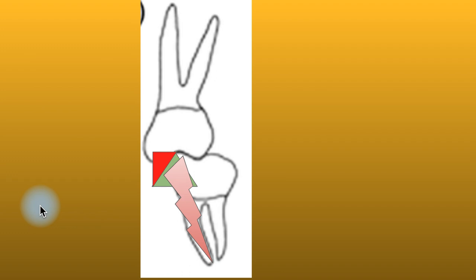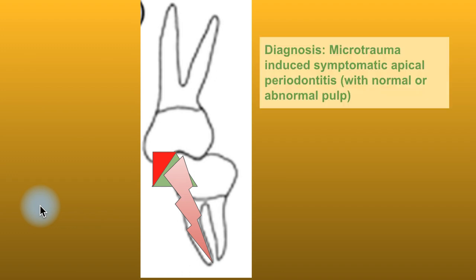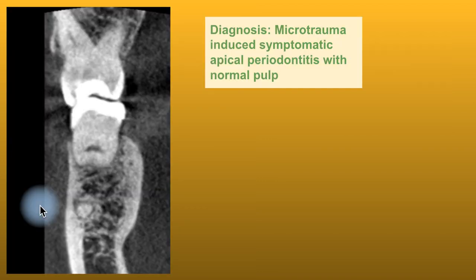So in this particular scenario, we could come up with a diagnosis, which is microtrauma-induced symptomatic apical periodontitis with or without a normal pulp. In this particular case vignette, we have a normal pulp, so here's our diagnosis again. I added microtrauma-induced because I'm starting to get more sense that there might be an actual interference with the teeth.